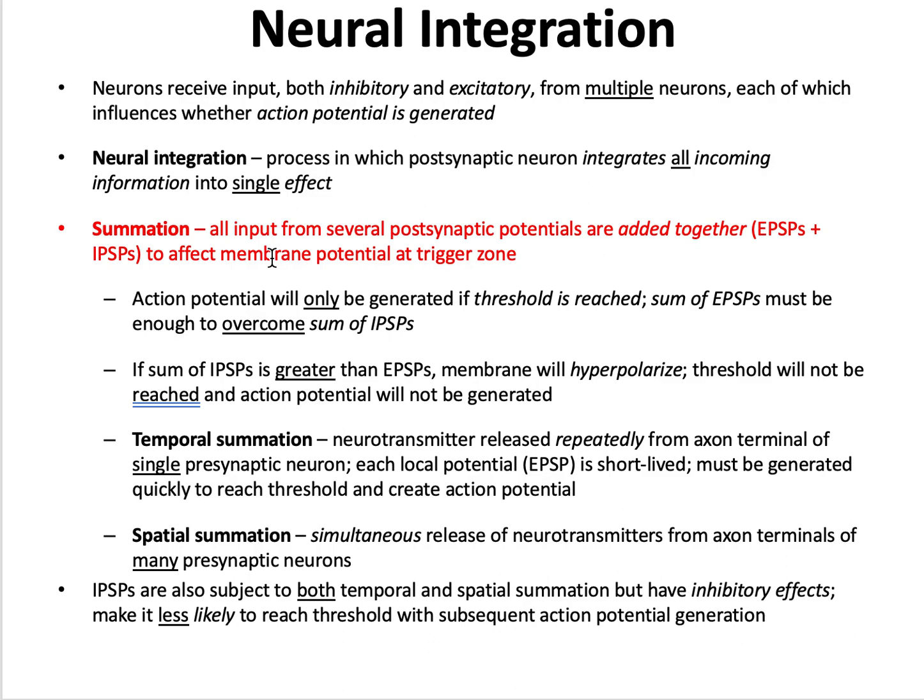Is there more excitatory or is there more inhibitory? And that will determine what happens on the postsynaptic membrane. There are two types of summation events that can take place: temporal summation as well as spatial summation. You can read through this slide if you need a better explanation, but I'm going to hit on both of these in the next two slides.